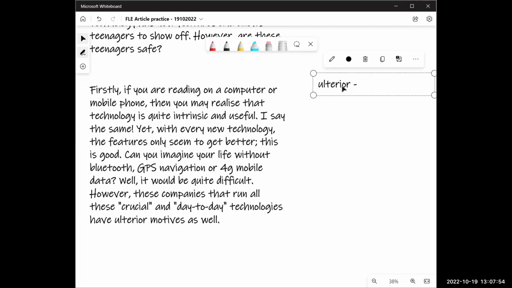Ulterior means intentionally hidden, write this meaning, and devious means ill intended.